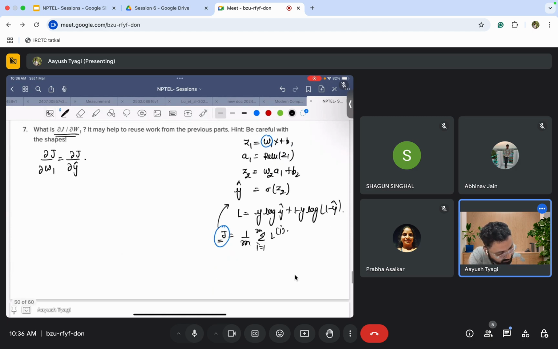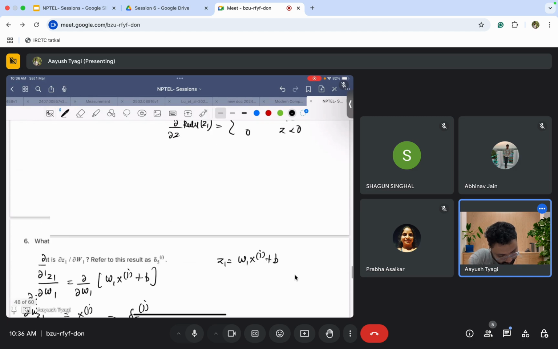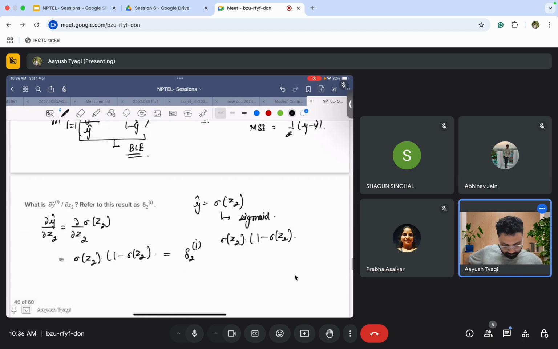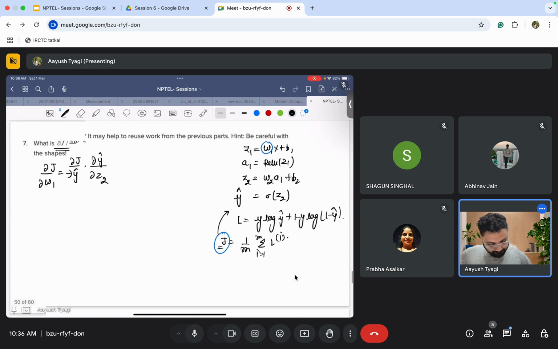Next we will see how Y hat changes with respect to Z2. This is the second thing we did. Now we will see how Z2 changes with respect to A1.